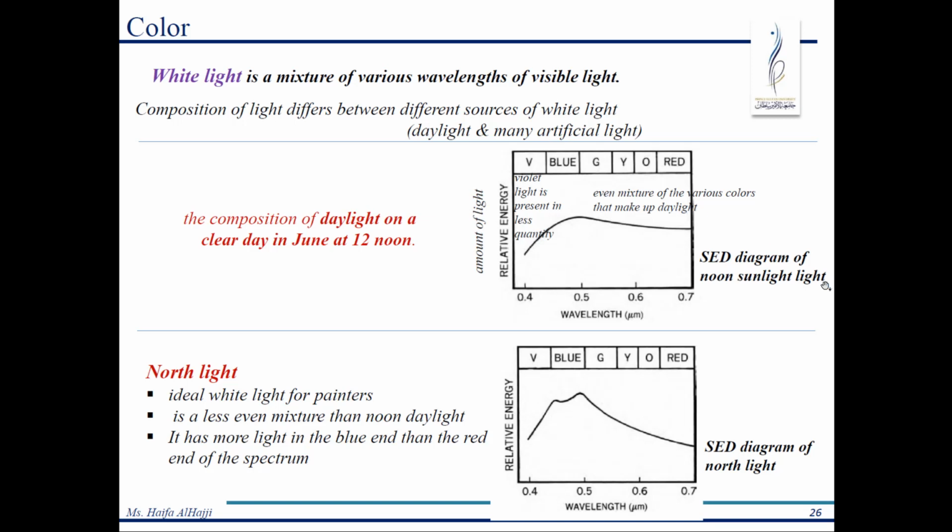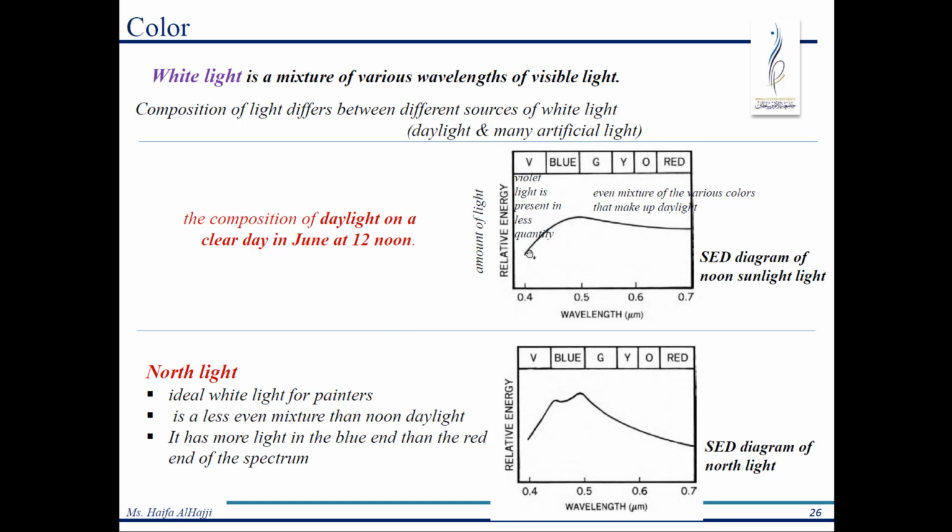We have, for example, the direct noon sunlight, which is very intense at 12 p.m. And we have the north light, which is coming from the northern window, which actually consists of a reflection of light from the sky into the window, because there's no direct sunlight entering from that window, just reflections. So the color temperature of each light is going to be slightly different. They are both white, but you sometimes find that the light coming from the northern window is somehow bluish.